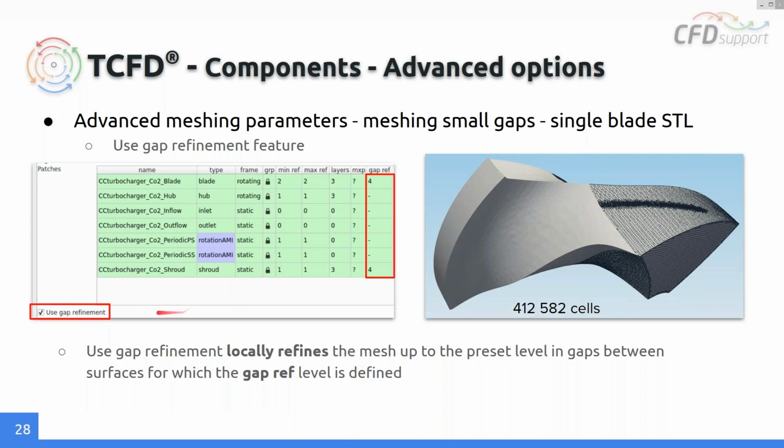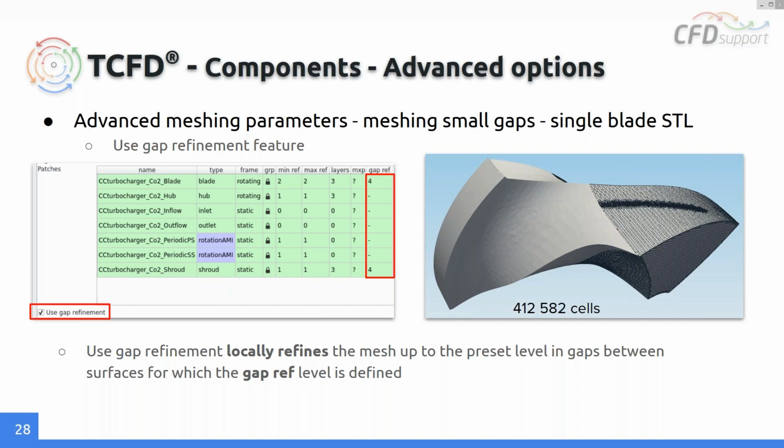This is the use gap refinement feature. If you enable it in the advanced menu and set a high level of refinement, 4 is enough here, for the part of the geometry in between them.